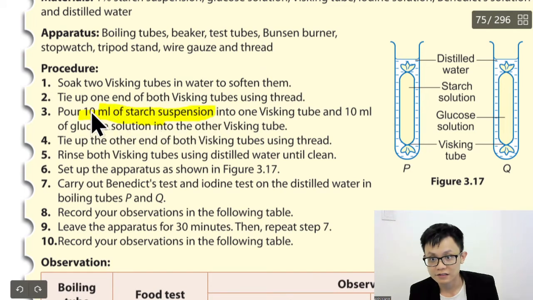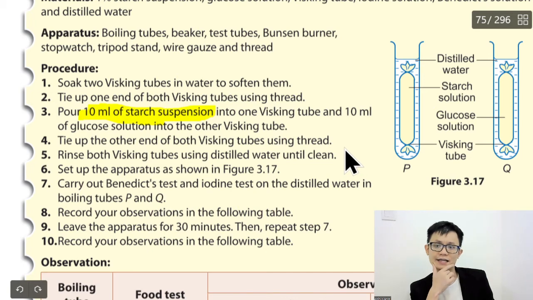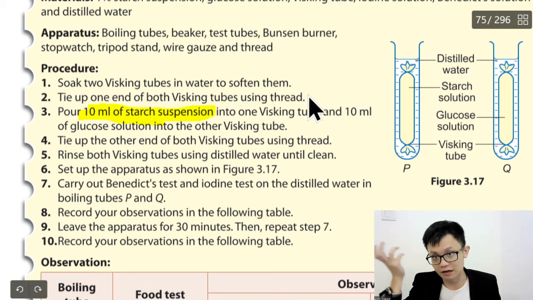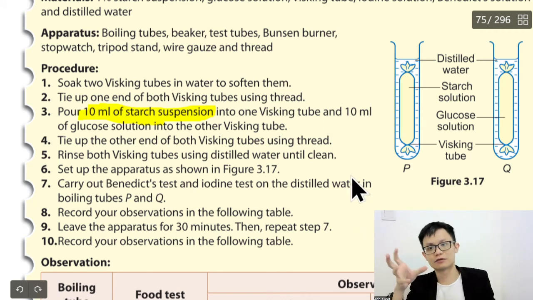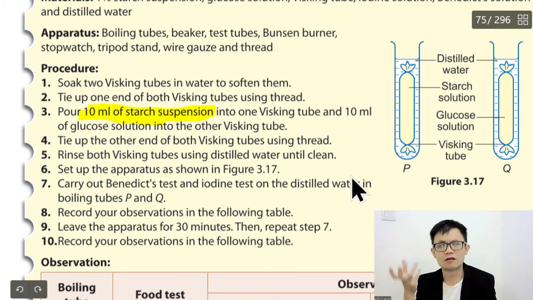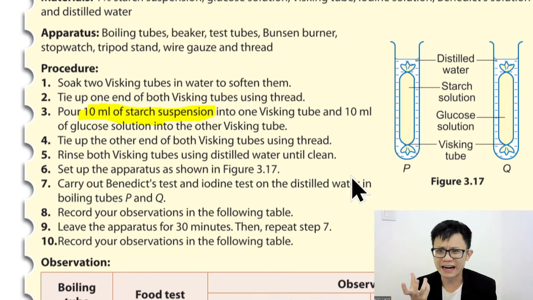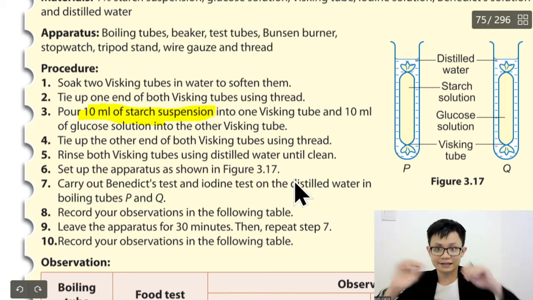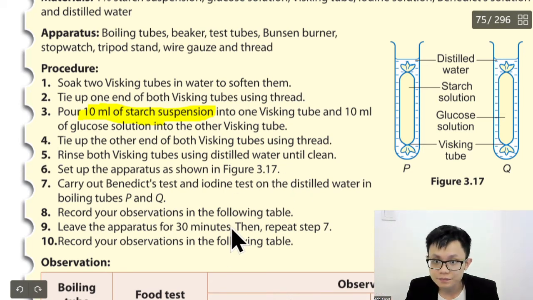You know starch suspension, like potato, correct or not? Potato has starch. So I take the potato and chop it. You can try with potato or rice, or actually any food that you want. And then I tie it and put it in the water.